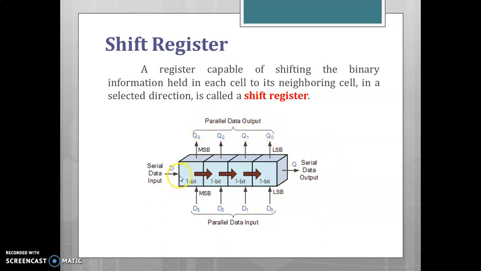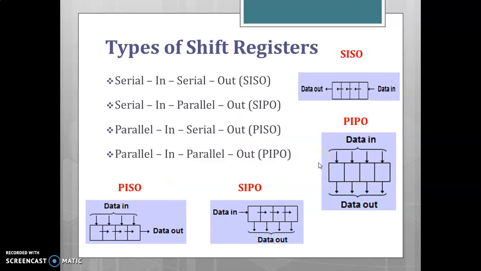Depending upon the data input given and the output taken, there are different types of shift registers. In the serial in, serial out shift register, the data is entered serially, that is bit by bit, and the output is also taken serially. In the serial in, parallel out shift register, the data is entered serially and all the outputs are taken simultaneously in parallel.